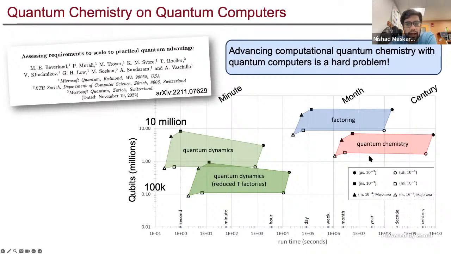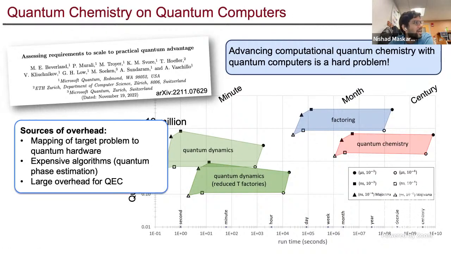So, if you look at the estimates for a quantum chemistry algorithm on a mid-sized molecule running quantum phase estimation, you'll see that even on projected future hardware, it's estimated that the algorithm would take on the order of months or centuries just to solve a single ground state energy problem. So, this is quite concerning if we're interested in using quantum computers for quantum chemistry.